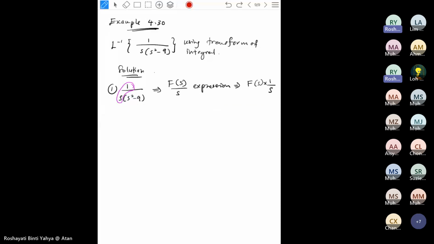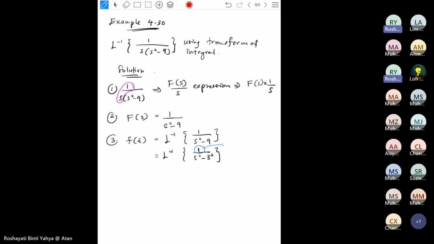Alright. So what was number 2 just now? F(s) is 1 over s squared minus 9. So f(t) is the inverse Laplace of 1 over s squared minus 9, where 9 is 3 squared. So we need to modify this to a.